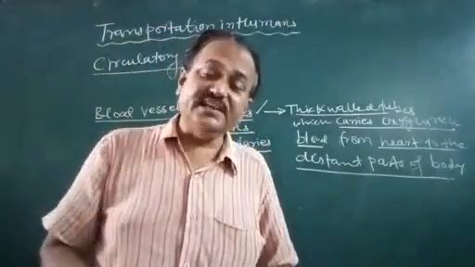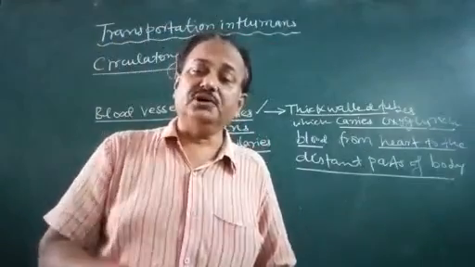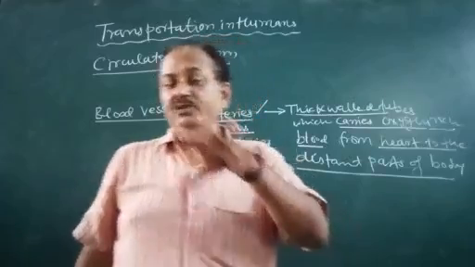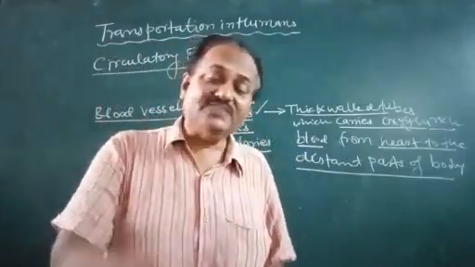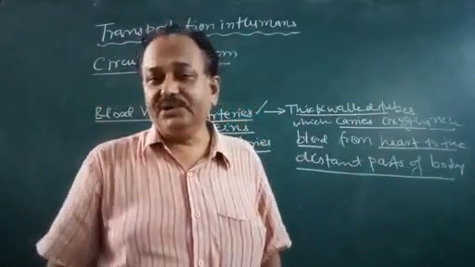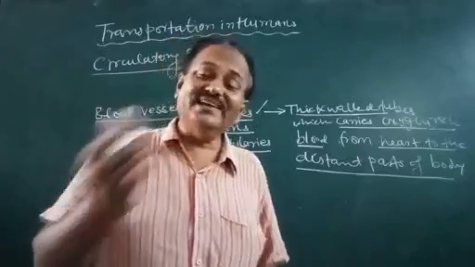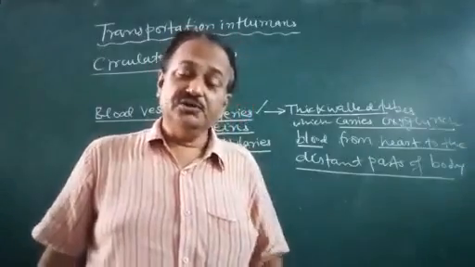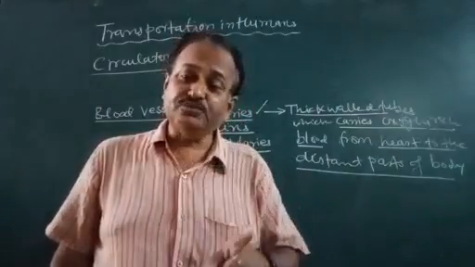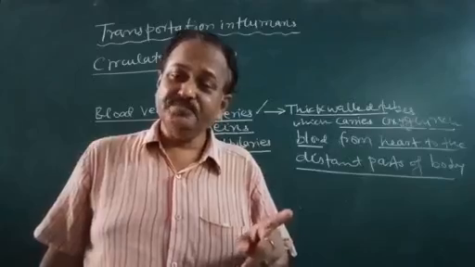In the lungs, there is diffusion of oxygen from outside into the blood, and the blood has less oxygen and more carbon dioxide, so there is an exchange of gases. This is called diffusion. So diffusion takes place in the lungs.